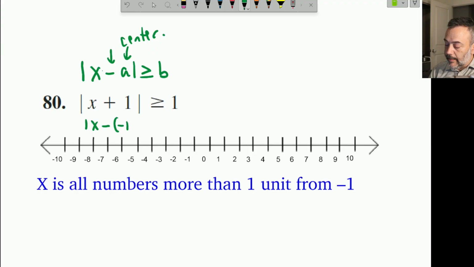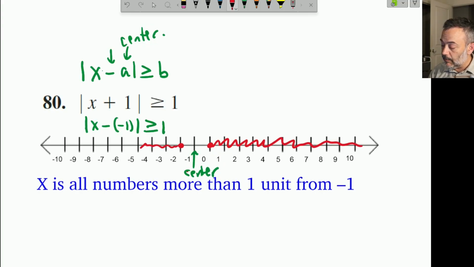It's the absolute value of x minus -1, and that's greater than or equal to 1. So this is going to be shaded on the outside. The center is at -1, so the center is here, and we go 1 unit to the right and 1 unit to the left. I'll graph this in red. We include the boundary. We go 1 unit to the right and left of the center, and then anything that is outside of that boundary makes the inequality true.